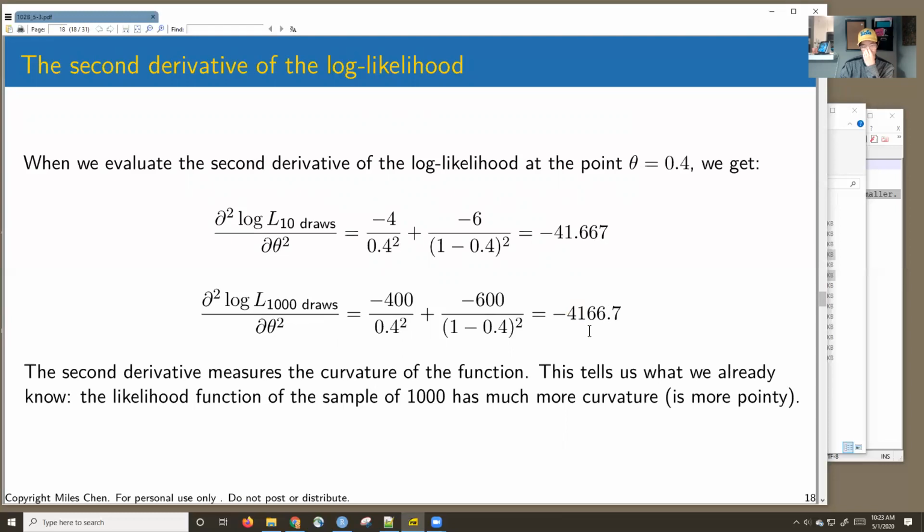And so the likelihood function of this sample has much more curvature, indicating that we've got more information and we are more confident in our estimate of 0.4 in the second case when I have 1,000 draws.